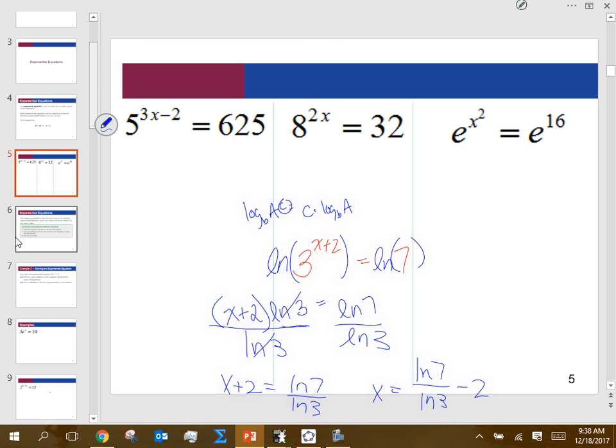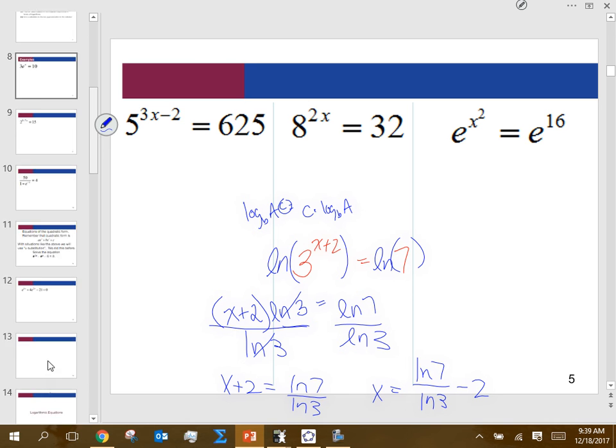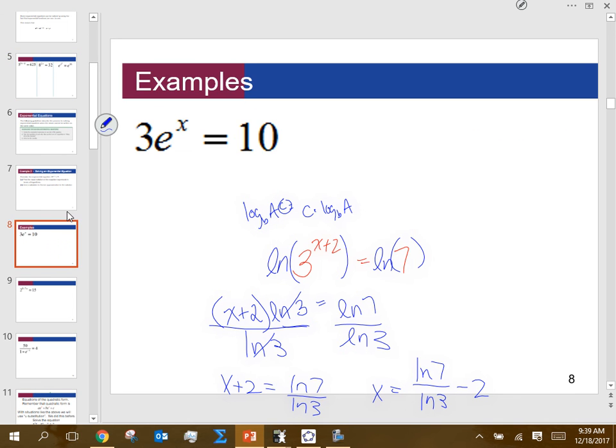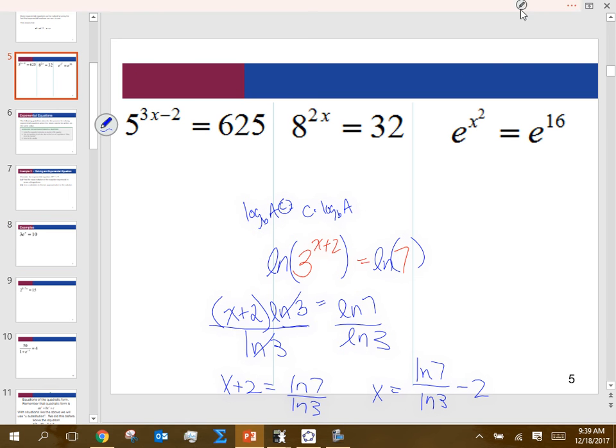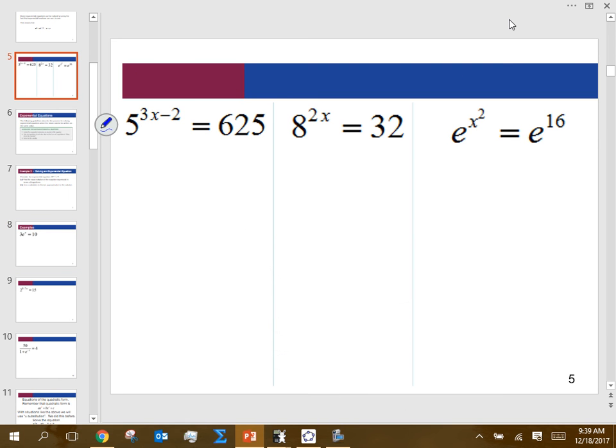Because what happens is that you're able to use some of those properties. Remember those 4 properties we talked about on Friday at the beginning of class? And we also talked about probably on Wednesday in class as well. You're able to use those properties maybe a little bit more efficiently and quicker to solve the equations. Maybe later on we'll have a little bit more time to discuss that, but that's an option. But nonetheless, if you don't do that, it doesn't matter which base you choose.